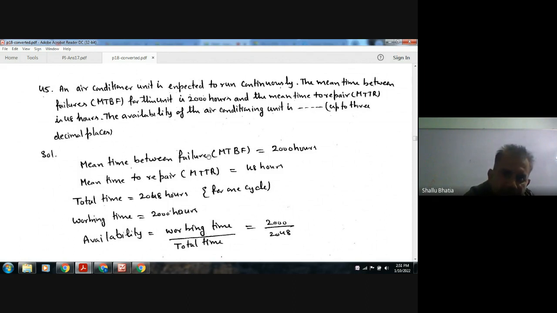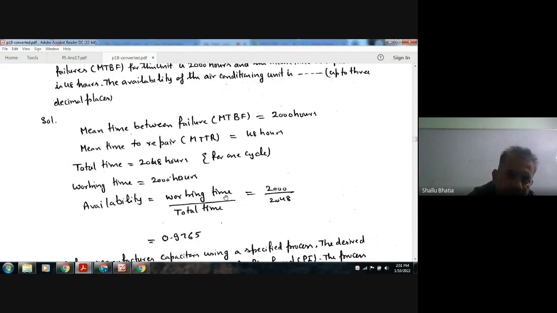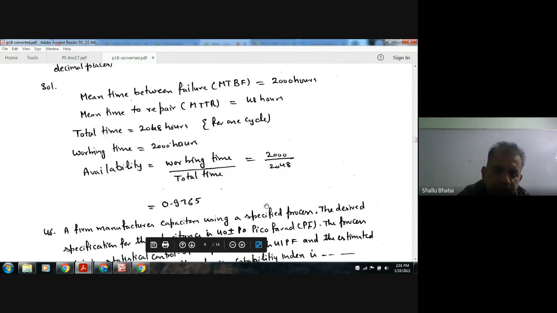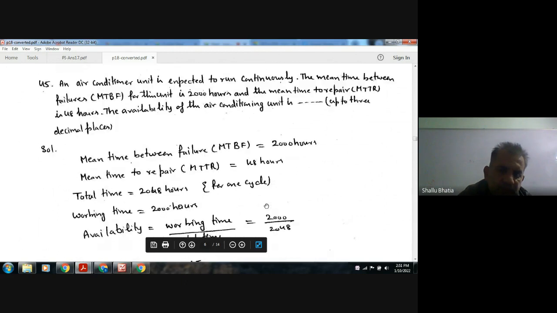So the mean time between failure is 2000 hours, and mean time to repair is 48 hours. The total time is 2000 plus 48 hours. So for one cycle, it is a total time of 2048 hours, and the actual working time is just 2000 hours. So availability is the actual working time divided by total time. That is 2000 by 2048, so that is 0.9765.